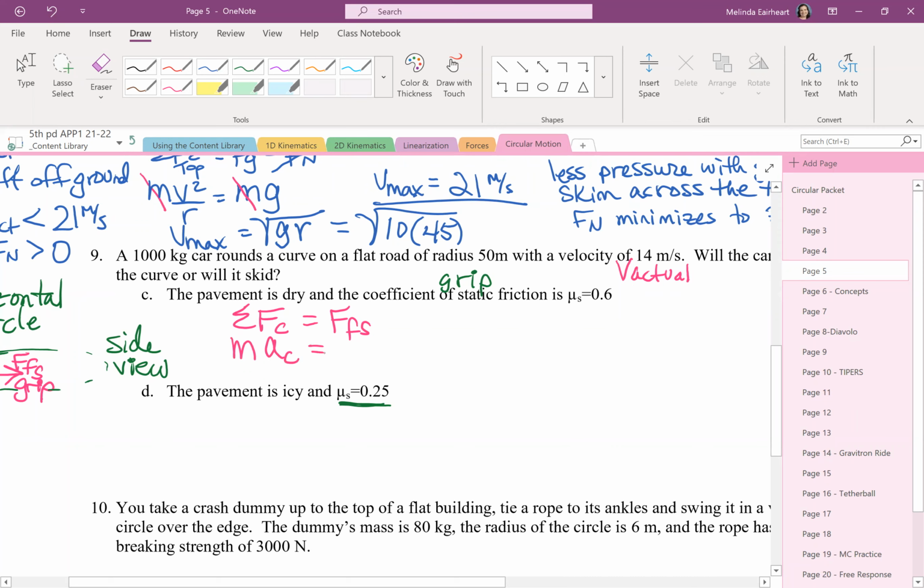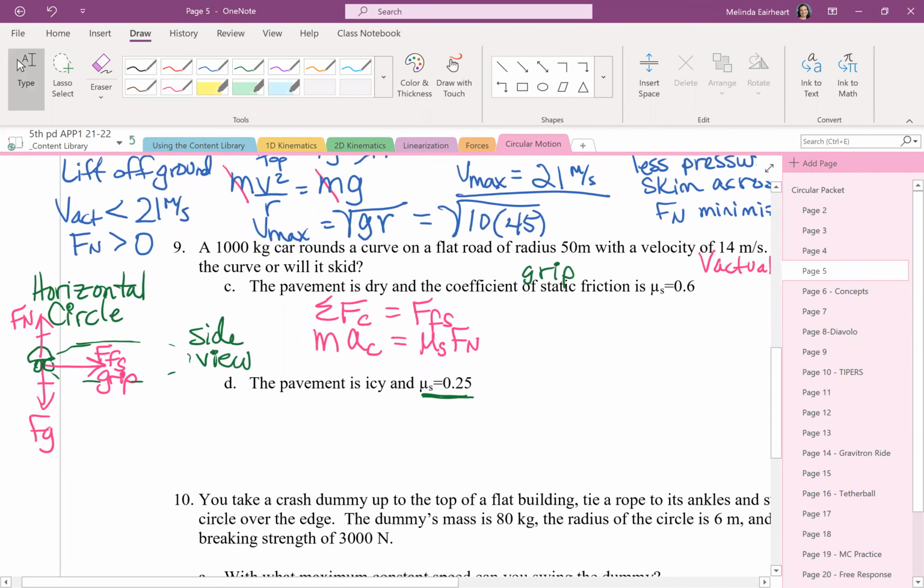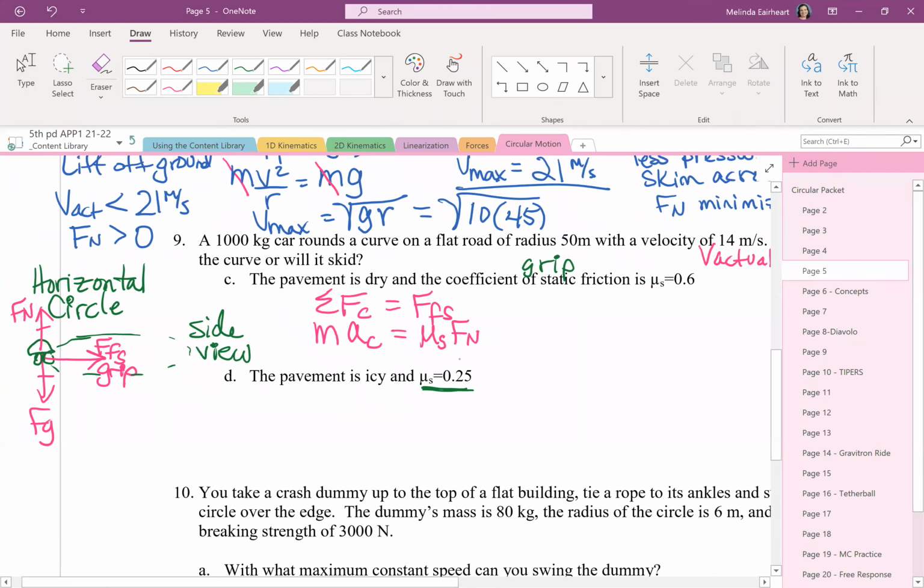ma = F, review time, what's our equation for force of friction? Coefficient times normal force. So remember, it's mu s times the normal force. And what did we already say about the normal force? It's equal to our gravitational force, so I can sub in mg, bring everybody else down.